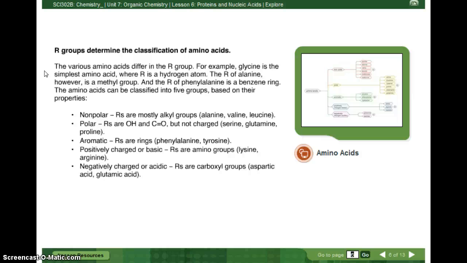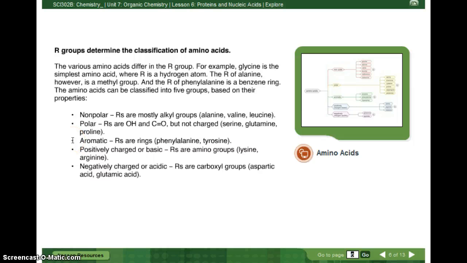The amino acids can be classified into 5 groups based on their properties. They can be nonpolar. The R's are mostly alkyl groups, like alanine, valine, and leucine. They can be polar, where the R's are OH and C double bonded O, but not charged, like serine, glutamine, proline.